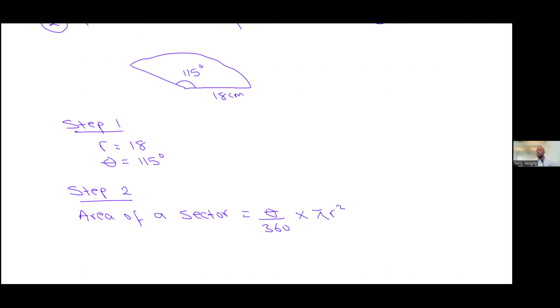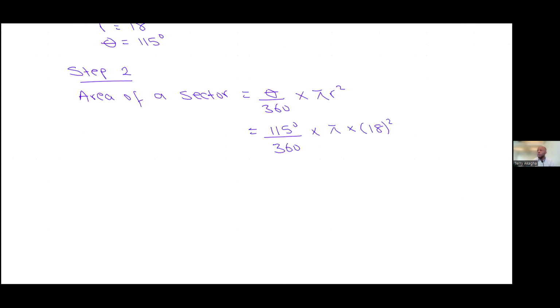So in this case, it's obvious that theta here was 115 degrees divided by 360 multiplied by pi multiplied by the radius, which was 18, all squared. Now, step three, we simplify.